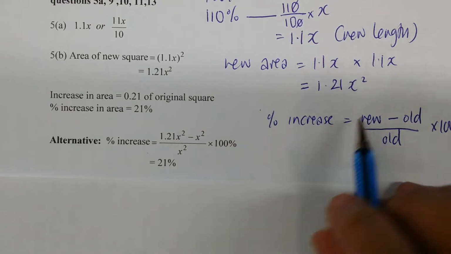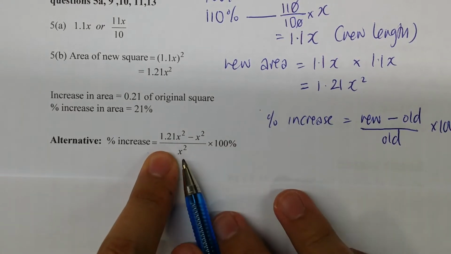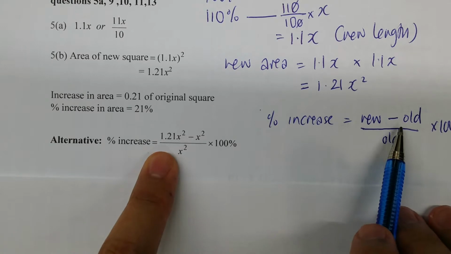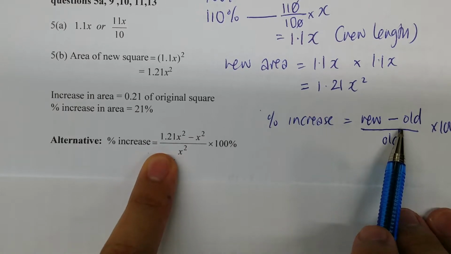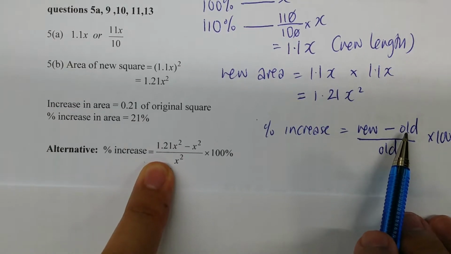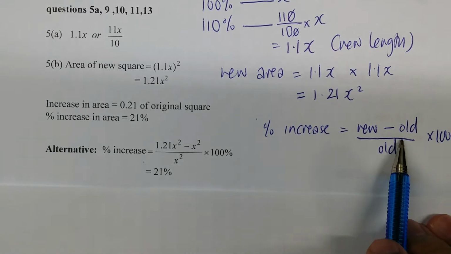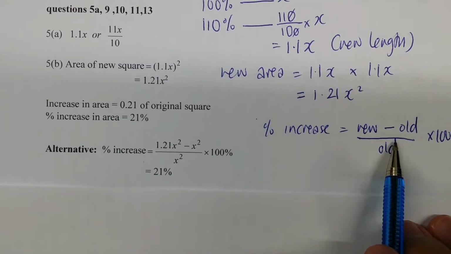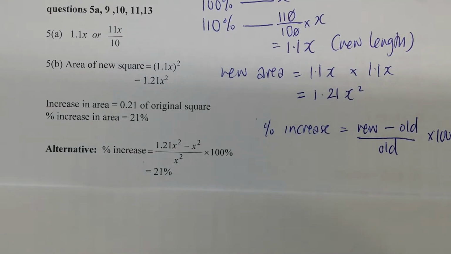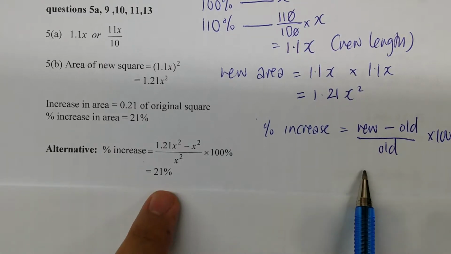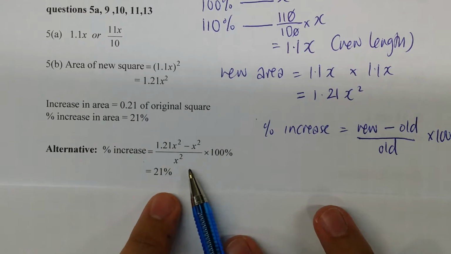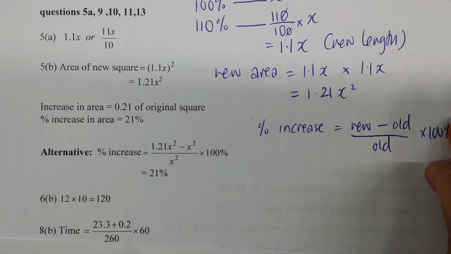Okay? So new is 1.21x squared. The original is what? The original length is x, so the original area is x times x. Correct? So new minus original over original, you eventually get 21%. How?